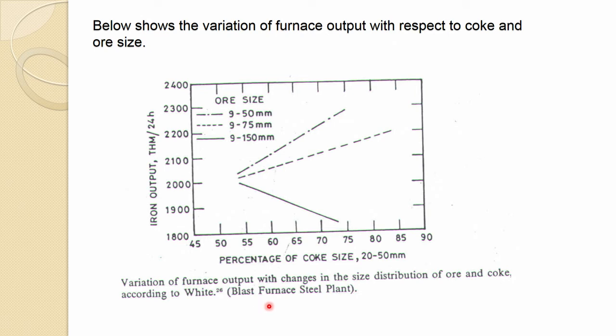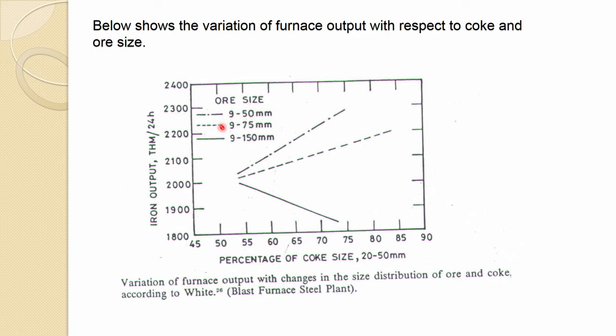This figure again is emphasizing more about the size range of the charge, here in ore size. So, iron output, you can see when ore size is between 9 to 50 millimeter, though it is also a wide range, your productivity with the coke size is increasing quite substantially.